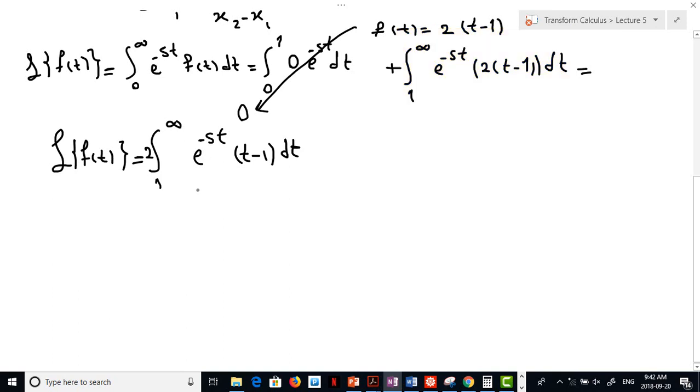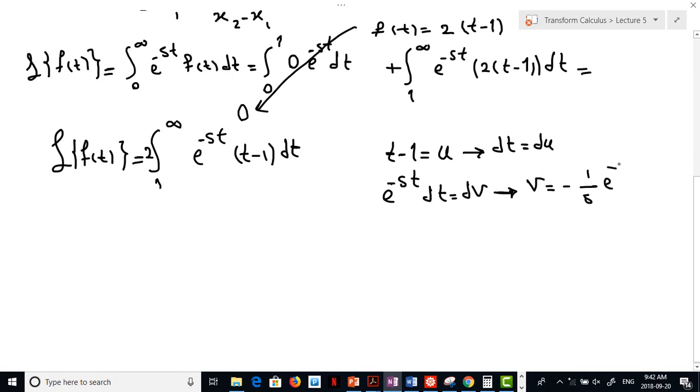So now we have to just find this integral, the integral of e to the power of minus st (t minus 1) from 1 to infinity. So I assume that t minus 1 is u, and as a result du is equal to dt. Assume that e to the power of minus st dt is dv. As a result, v is equal to minus 1 over s e to the power of minus st.